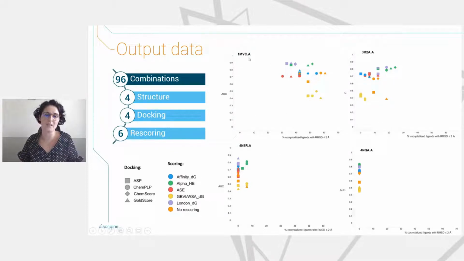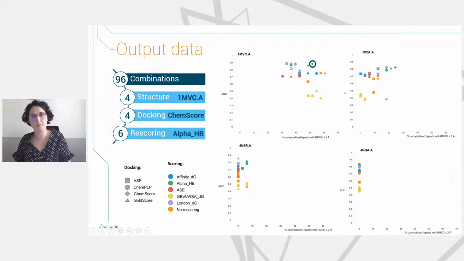But you can also say that this structure belongs to the biggest cluster. You can also see that the results are heavily dependent on the docking and the rescoring. The best combination is this one: the structure is 1MVC, the docking algorithm is ChemScore, and the rescoring function is Alpha HB.